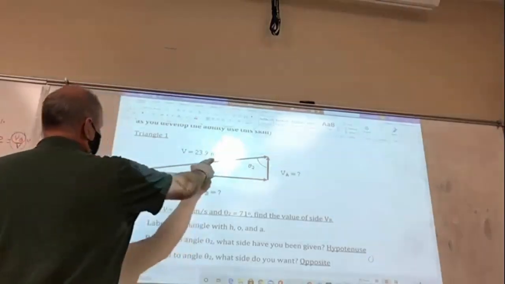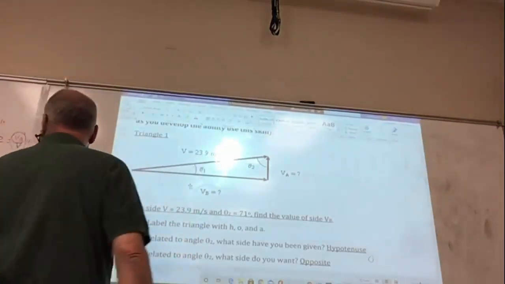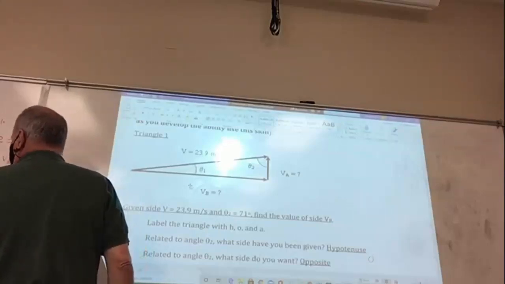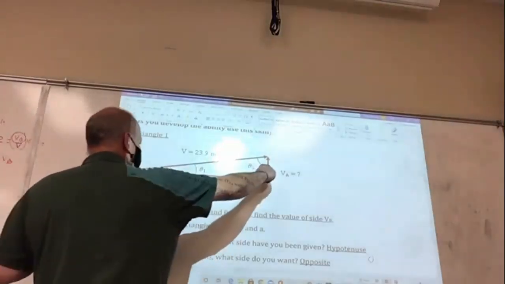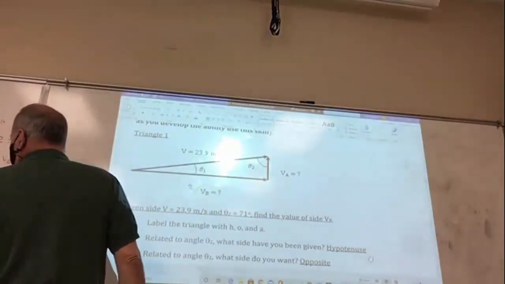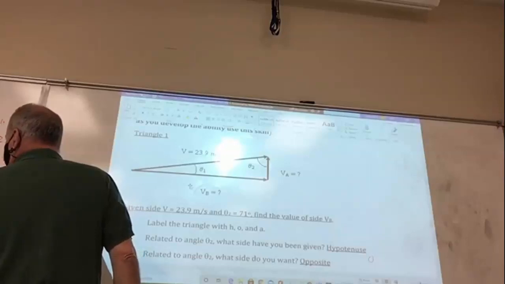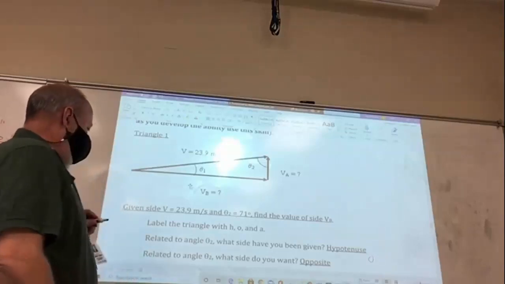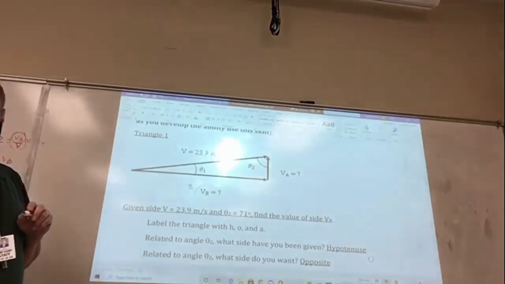Okay, and that's a velocity, so I've got meters per second. So I'm going to label my triangle. That's the first thing I'm going to do. I'm going to say, with reference to theta 2, that's right, what I wanted, right? Theta 2. Okay, with reference to theta 2, this is the hypotenuse, this is the opposite side, and this is the adjacent side.